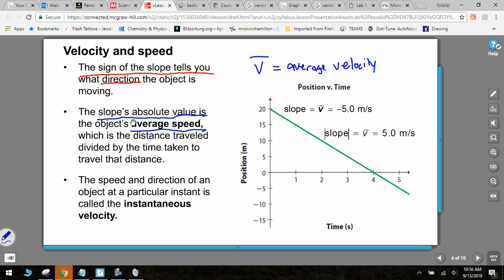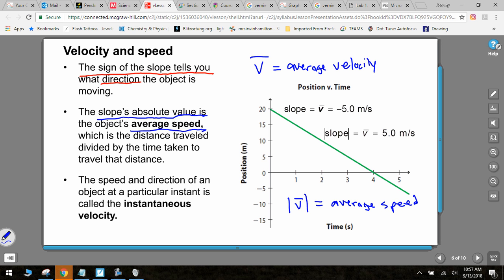Now, if I take the absolute value of V bar, this one's going to be called average speed. So what did I do mathematically by putting this absolute value sign on there? I made it to where you can't tell positive from negative, right? Well, speed is just like velocity, except it doesn't have a direction. That's the big difference.